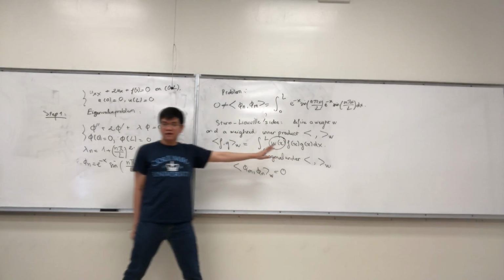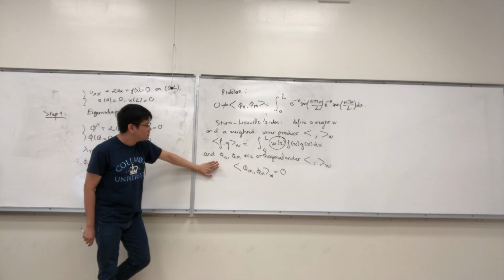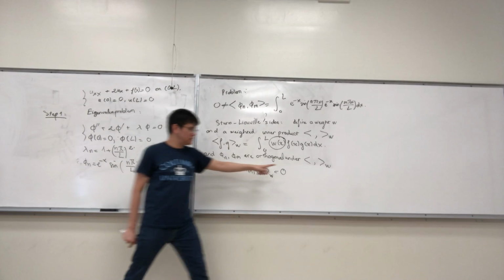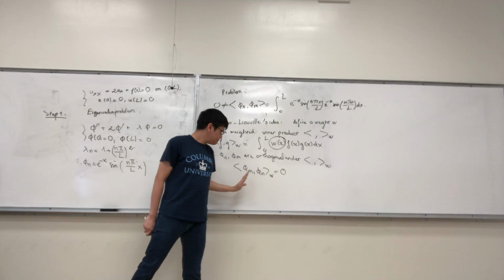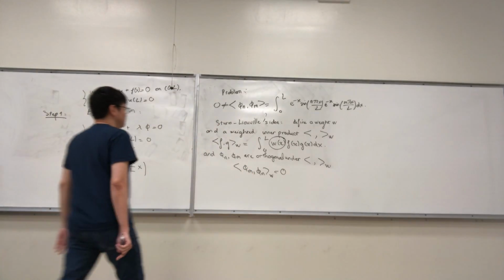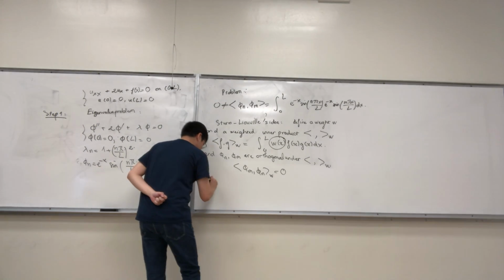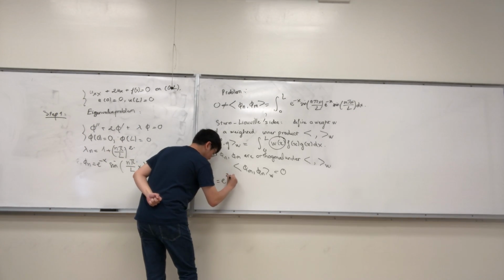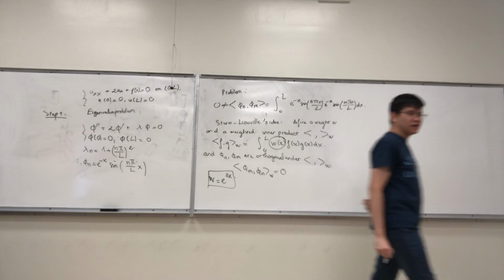The idea is to choose a weight such that under this weight, phi_n and phi_m are orthogonal. In the previous class, we chose W to be e to the power 2x.